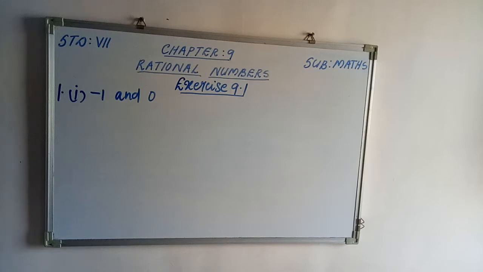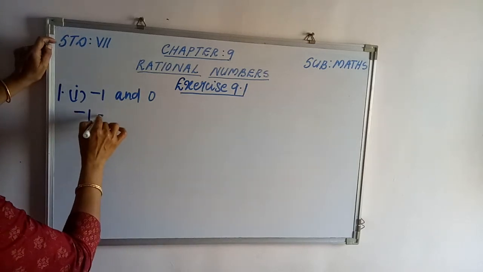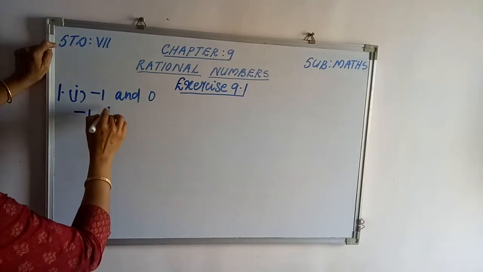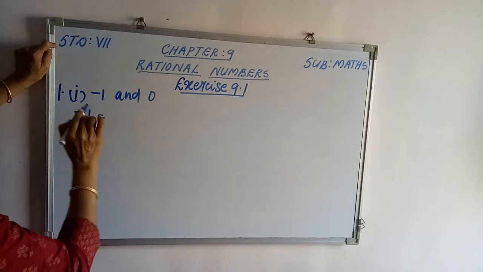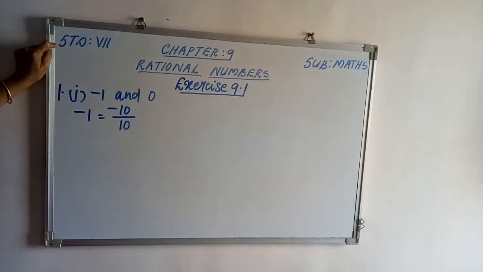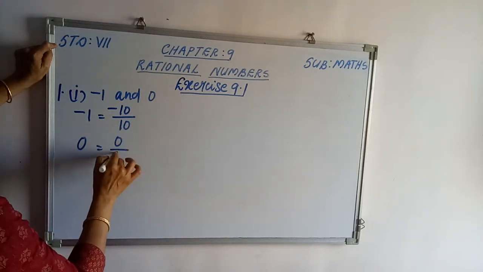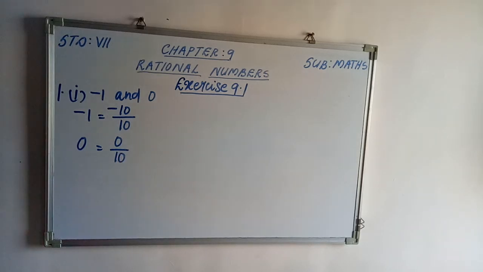Okay, now listen. Minus 1, we can write it as, see here, how many rational numbers do we need? 5. So minus 10 upon 10. And 0 can be written as 0 upon 10. Isn't it?